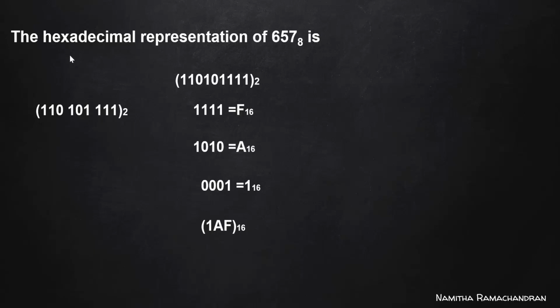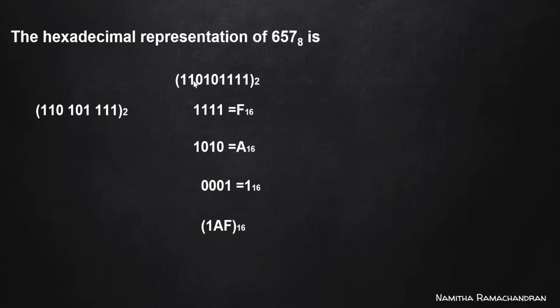We need to get the hexadecimal equivalent. For getting the hexadecimal representation of a binary pattern, we need to make different groups. Each group must contain 4 bits. So start from the right hand, proceed towards left and make different groups of 4 bits. So 1, 1, 1, 1: these 4 ones together form one group.